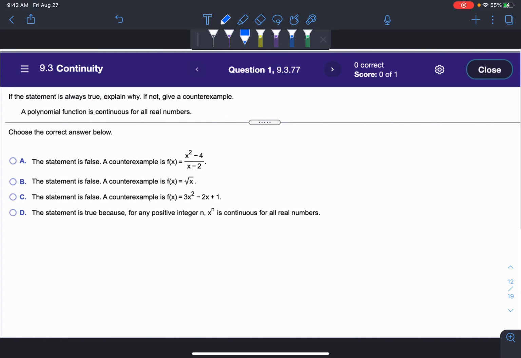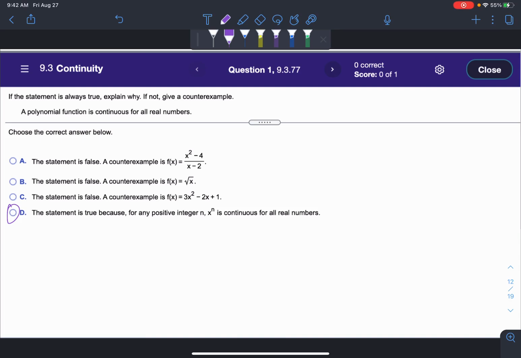Okay, so here we have a few statements, and we want to know which one is true. A polynomial function is continuous for all real numbers. We know this by definition, but we can also rule out the other options. So it's most likely D, but let's look at A through C first.